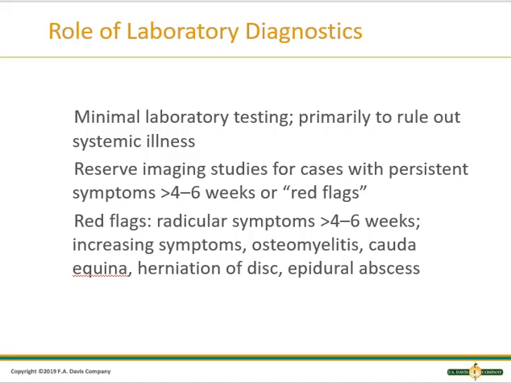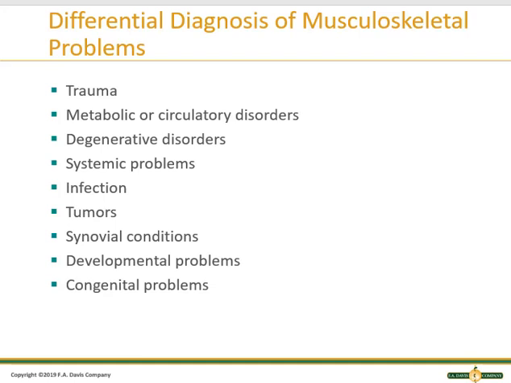MRIs are useful in soft tissue injuries, and bone scans can be helpful in diagnosing osteomyelitis, stress fractures, or if there's concern for bony mets related to a cancer. And then EMG or nerve conduction test may be used if there's concerns for neurological abnormalities or paresthesias, the numbness, tingling that you may see with carpal tunnel or a herniated disc.